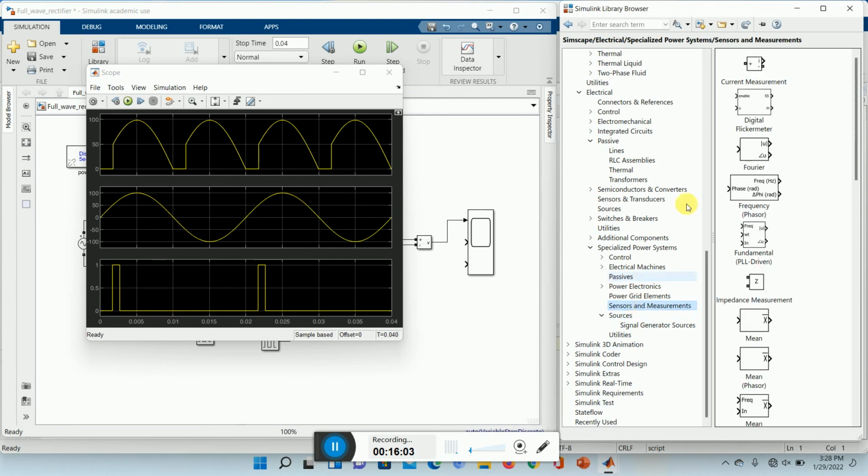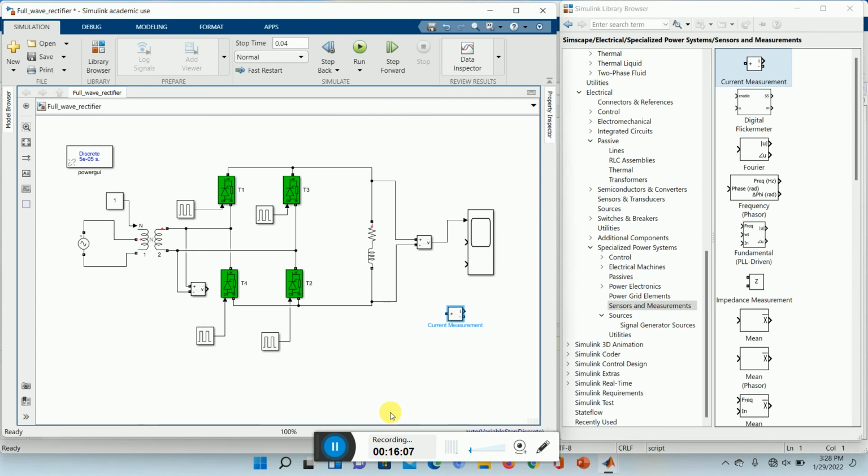Here is the output measurement, current measurement. Here, remove this and let us join here, and here also. Now the ammeter is ready.